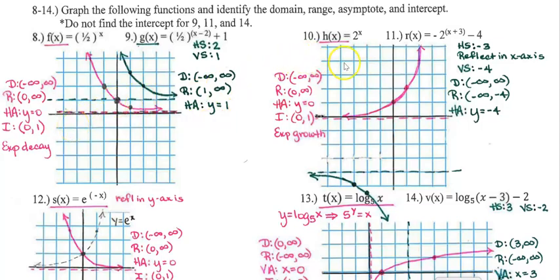All right, so then if we take the exponential growth, the increasing function, for this one, we have a horizontal shift again of opposite of +3, so -3. We have a vertical shift again of -4. And then we have a negative out in front of the entire function, and that causes a reflection in the x-axis.